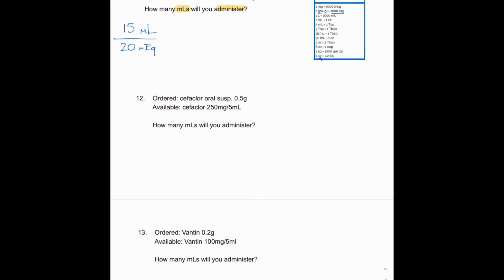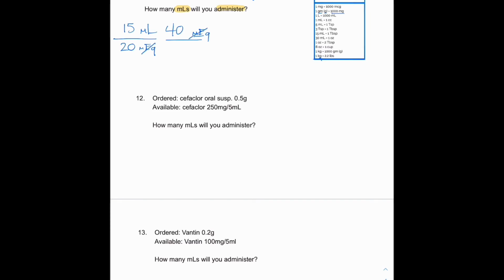And the cool thing about dimensional analysis is, as long as you know your conversions, you can get from one point to another, okay? Luckily here, our order is already in milliequivalents. So we need these to cancel. So I'm going to put this one on top. Order's 40.